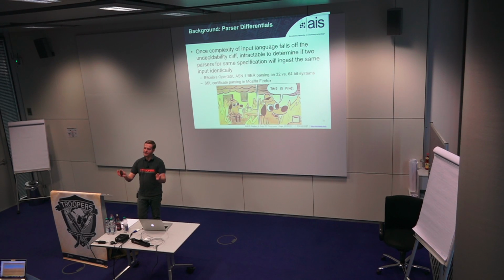And so they were actually able to stop a split. They were only able to release this about a year after, and they had high enough patch coverage that the majority of nodes on the blockchain were able to see this. So that's one example of how it's very, very difficult to check that two parsers written by two different people, or even running on two different systems, actually consume input in the same way.